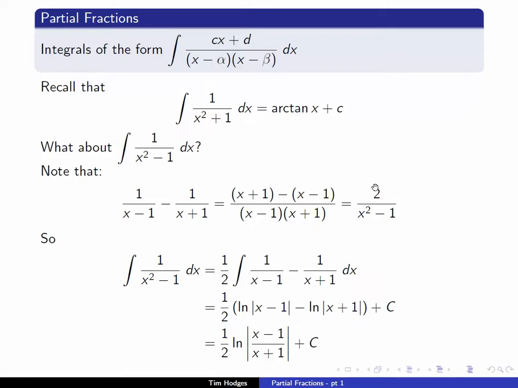That tells us if we can rewrite our function into this form as the sum of the reciprocals of linear functions, then we can easily solve our integration problem because we know the antiderivatives of these are just simple logs. And it turns out that there is an algebraic theorem that says we can always do this for these kind of functions.